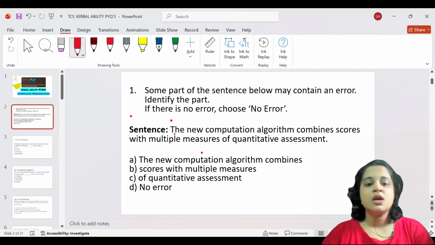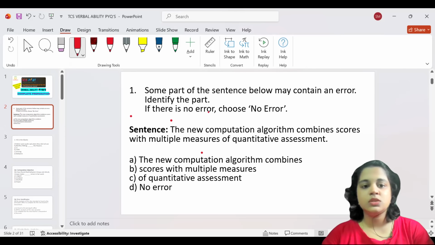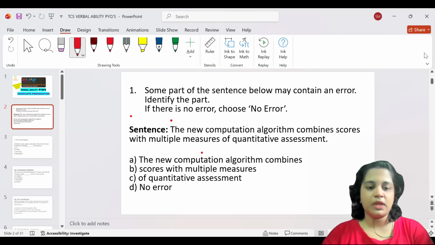In this case, the new computation algorithm becomes our subject, and it combines scores with multiple measures of quantitative assessment. So the subject is followed by the verb, which is combines. The sentence seems fine to me. Let us look at the options.